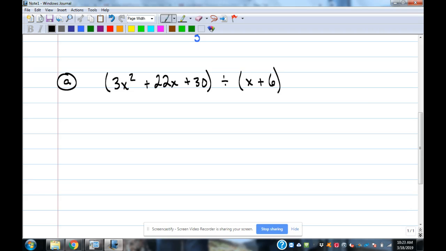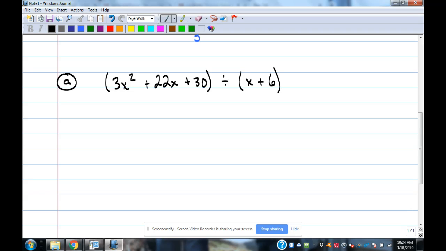Now, what we'll discover here as we go along is that when your divisor is linear, i.e. it doesn't have an exponent on the x, then you can use synthetic division. But I'm going to introduce long division with this because it's easier. Okay, and once you see the process, we'll get to ones that are more difficult out of that. So we're going to do this division.